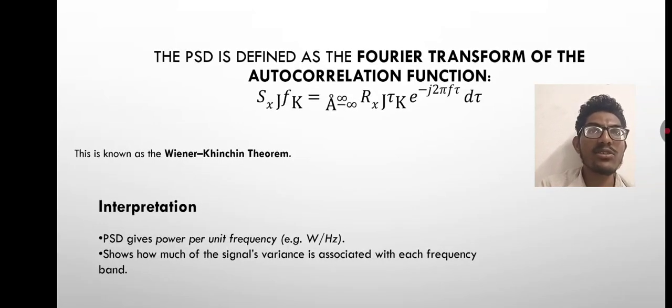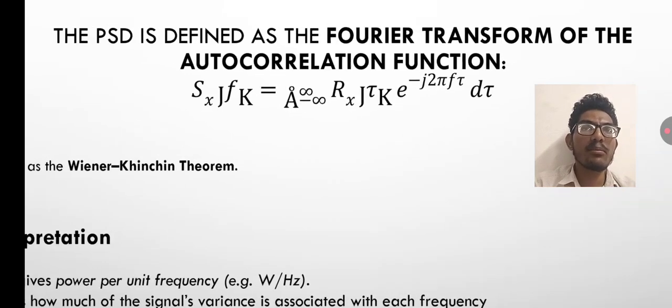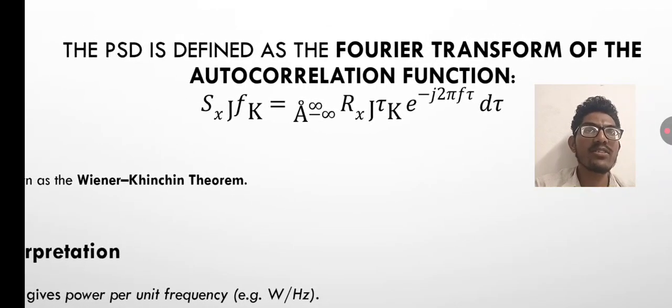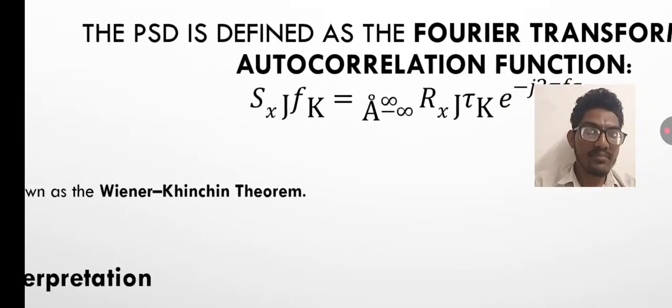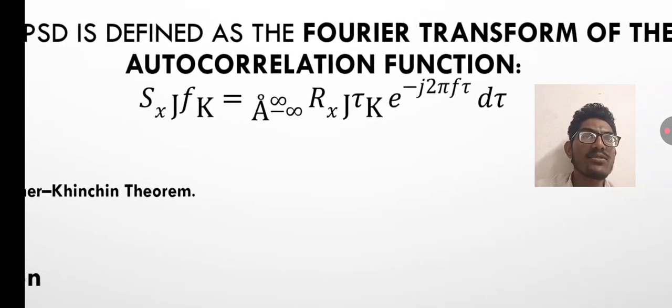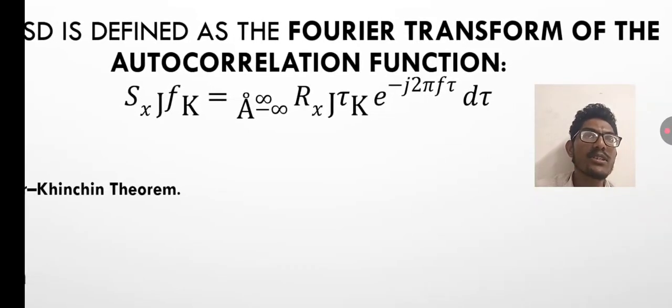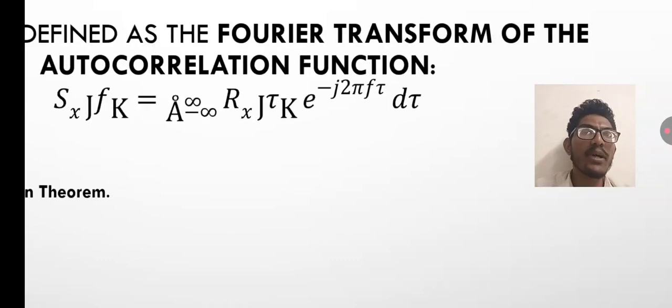Next, the PSD is also defined as the Fourier transform of the autocorrelation function. When we take the Fourier transform of the autocorrelation function, we get the power spectral density. The formula is Sx(f) equals the integral from minus infinity to infinity of Rx(t) into exponential of minus j 2 pi f t dt.